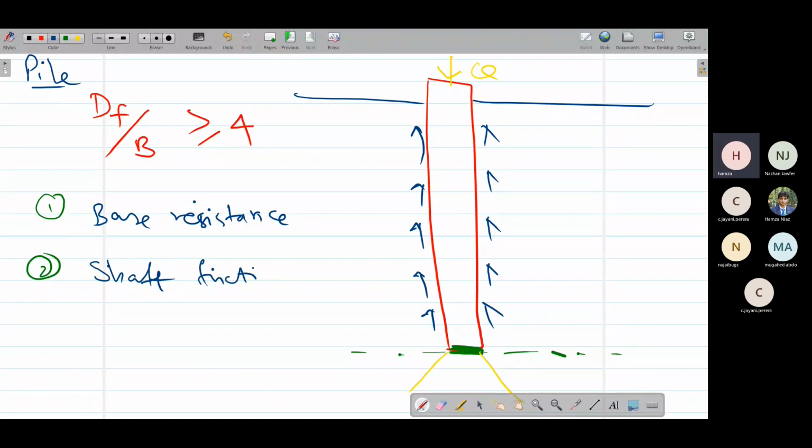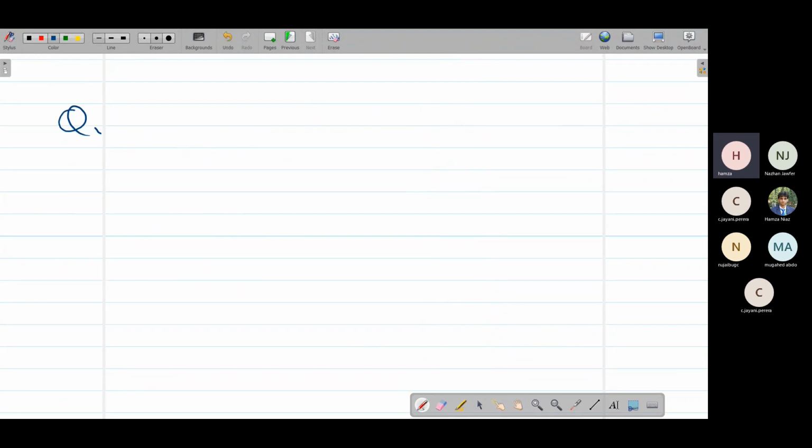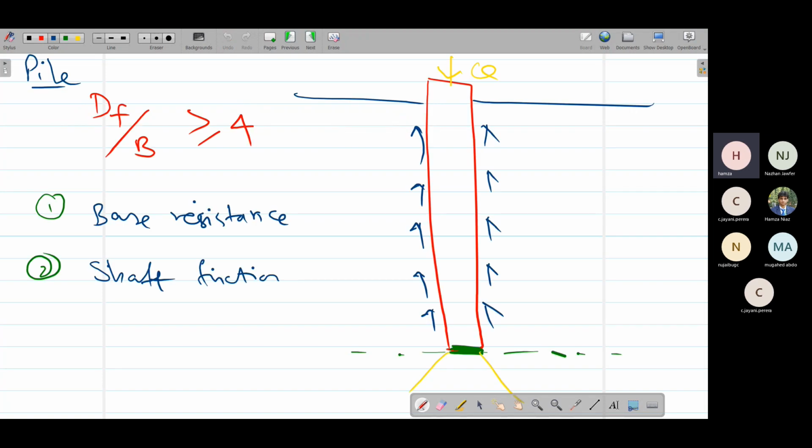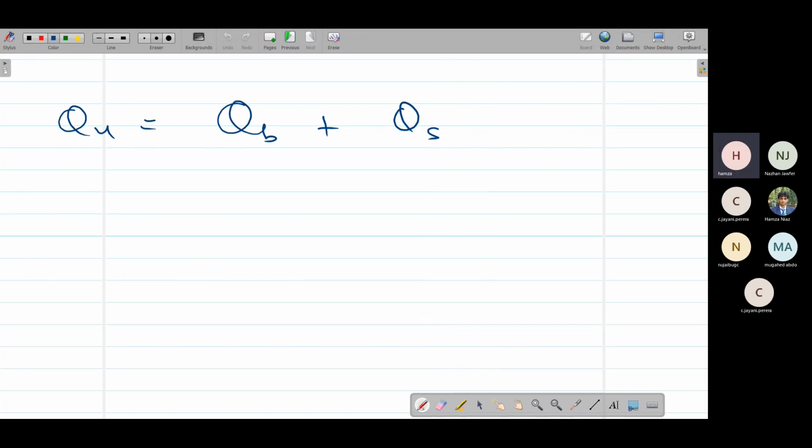Due to both these forces, the pile is going to resist the applied load. So we can write our ultimate pile load capacity as the sum of QB plus QS. QB is the base resistance, QS is the shaft resistance. The combination of these two would give us the ultimate pile load capacity.